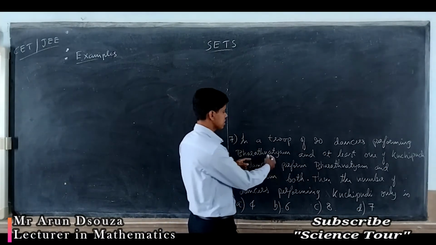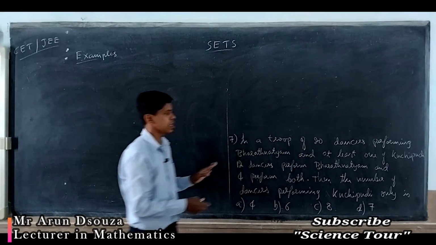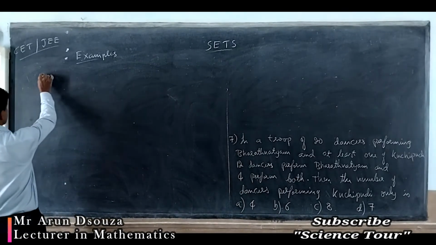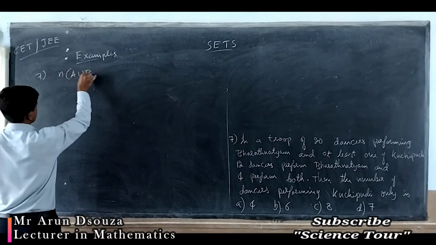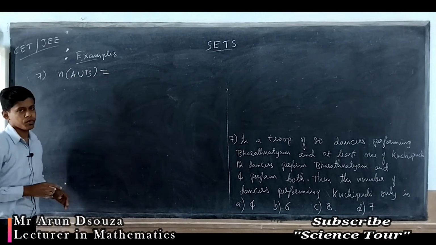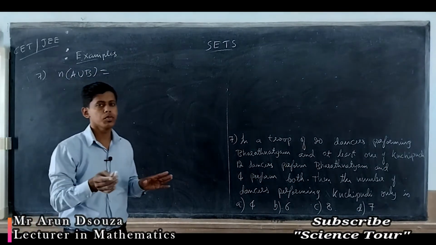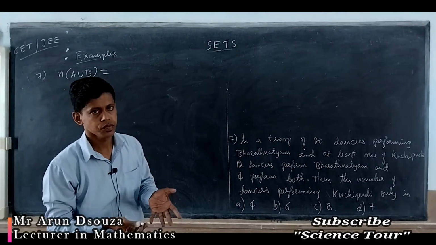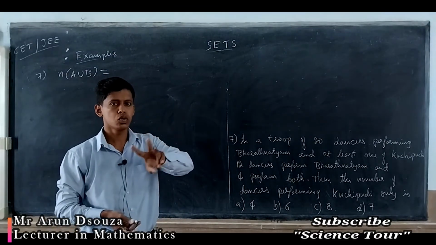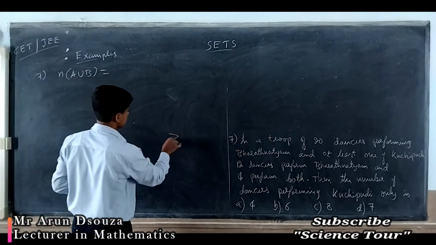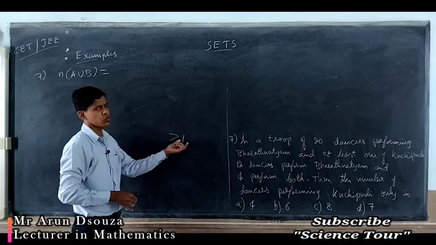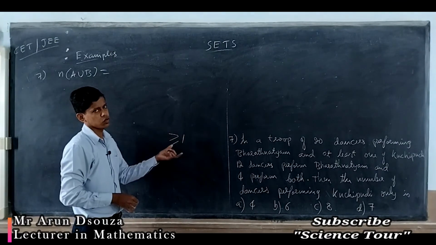Okay, so what is this? At least one of Kuchipudi and Bharatanatyam. It is union. At least one of them, either A or B or even both. At least one means greater than or equal to 1, either Bharatanatyam or Kuchipudi.